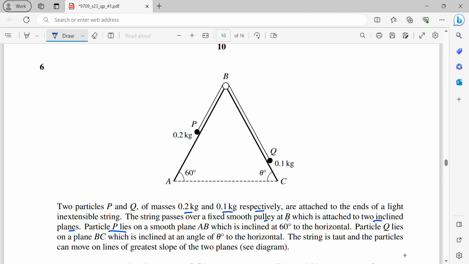P lies on the smooth plane AB, which is inclined at 60 degrees to the horizontal. Q lies on the plane BC, which is inclined at angle theta degrees to the horizontal. The string is taut and the particles can move on lines of greatest slope of the two planes. Right, this is the diagram.